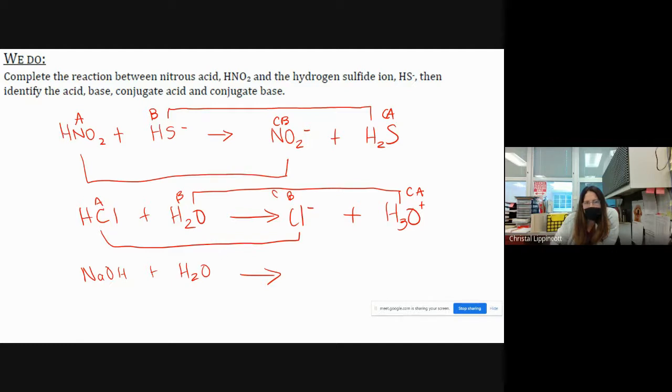This isn't a good example. So the hydrogen here is going to come over. It's going to form H2O. The sodium will just be a separate ion. And then you're going to form OH minus as your byproduct from this.